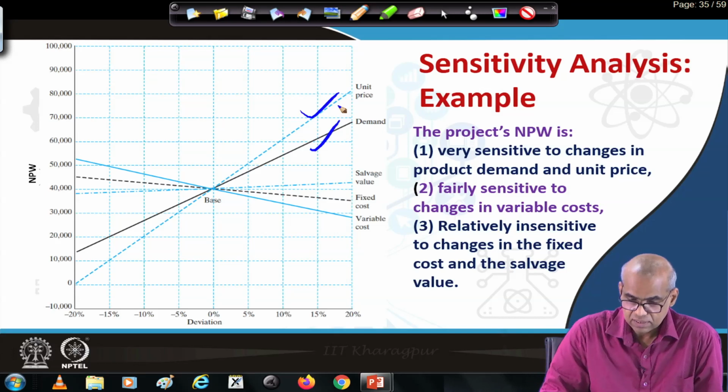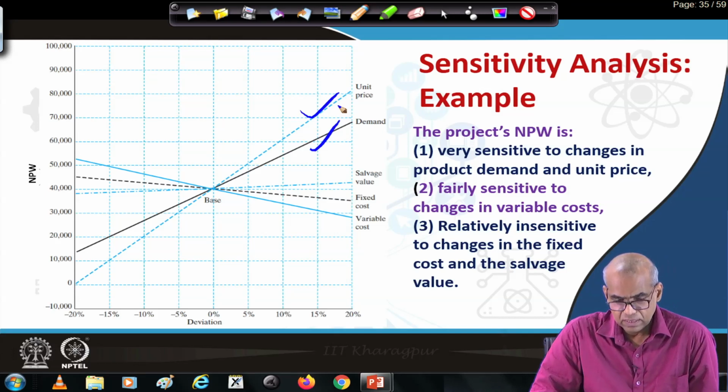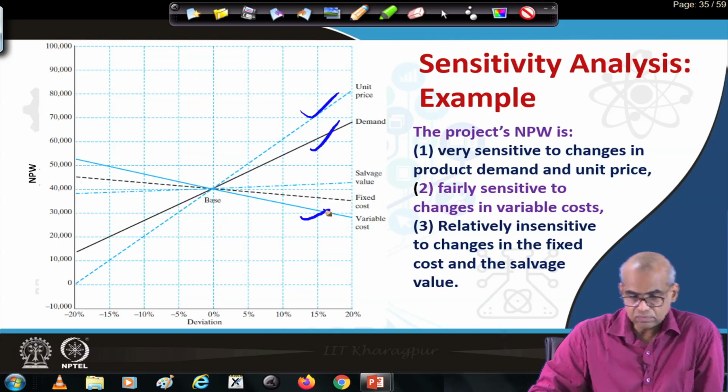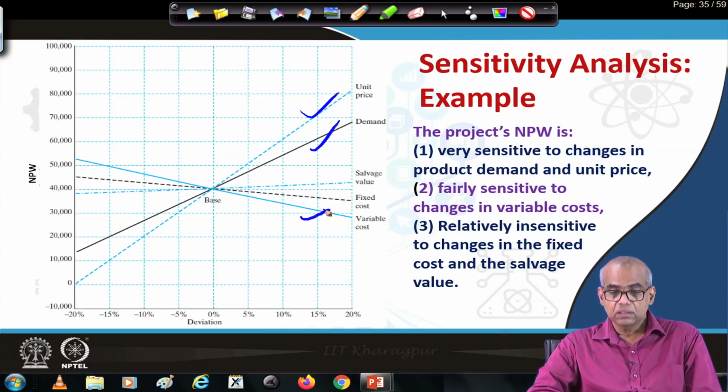Whereas the variable cost is fairly sensitive, but not as sensitive as unit price or demand factors. But if you look at salvage value or fixed cost, the net present value is relatively insensitive to changes in fixed cost or salvage value.